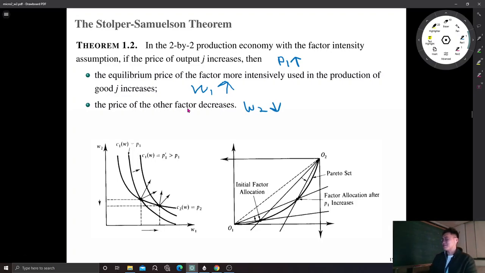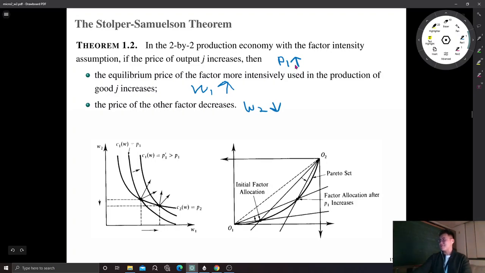Is it a natural consequence? I mean, is it consistent with your intuition? Is it quite an intuitive result? Think about the change in output price again. If P1 increases, then firm 1's marginal benefit from selling good 1 increases.